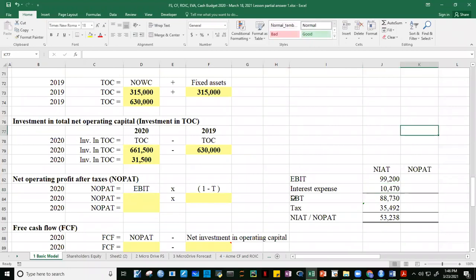Okay, so how do we compute for the EBT? This is just earnings before tax. So you just subtract your interest to generate your earnings before tax. And then this one is your earnings before tax times 40%, because we're given that the tax rate is at 40%.